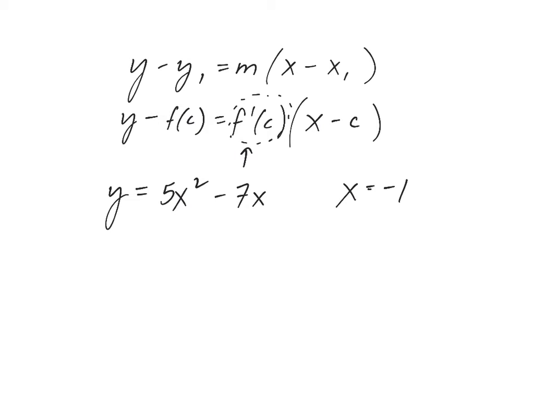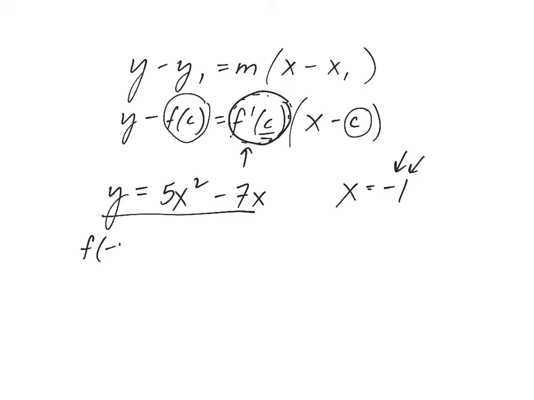All right. Now, I need an x value, which I have right here. I need a y value, which I can find using the original function. And I need the slope, which is the derivative evaluated at this x value. So first, let's find that y value. I'm going to plug negative 1 in for x in the original equation.